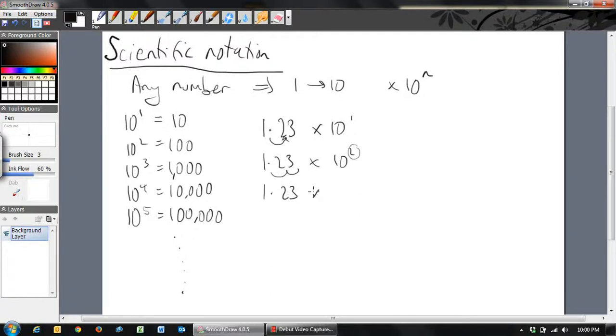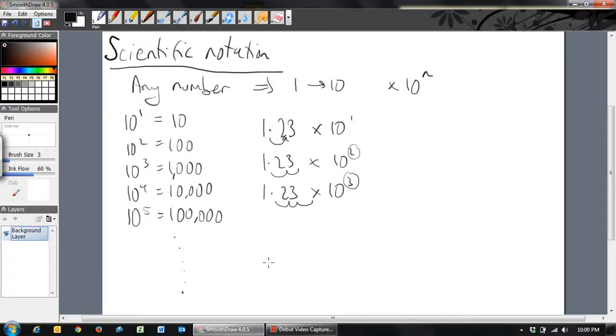What happens if you multiply 1.23 by 10 cubed? You're multiplying by 1,000, which has 3 zeros, so it moves 3 spots. So basically, if you multiply any number by 10 to the power n, it moves n spots. Whatever that number is, that's the number of decimal places it moves.